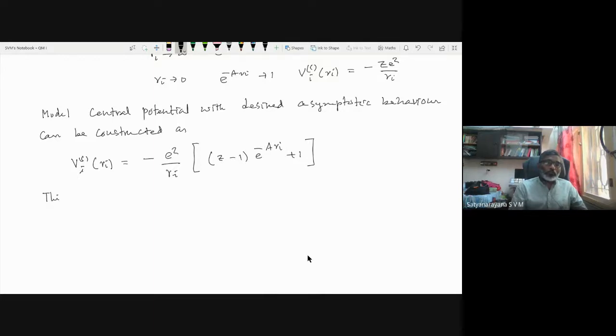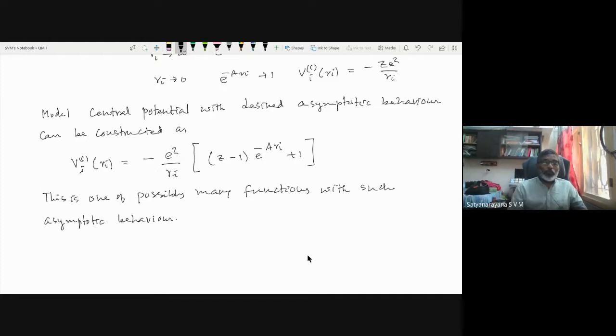This is one of possibly many functions with such asymptotic behavior.